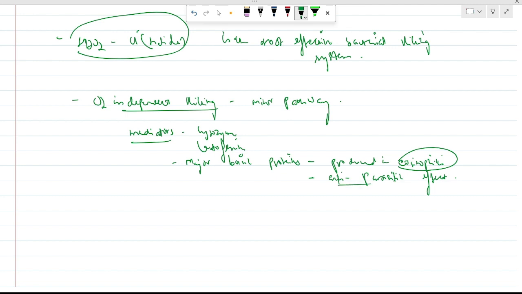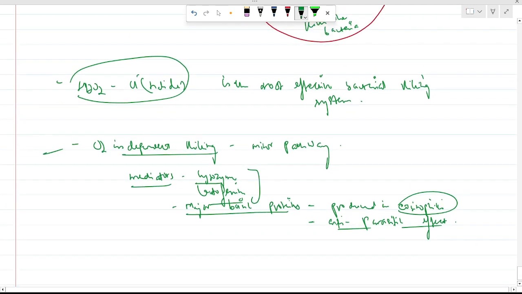Major basic proteins, along with lysozyme and lactoferrin, the two L's, are the mediators of oxygen independent killing. This was all about the killing process in phagocytosis.